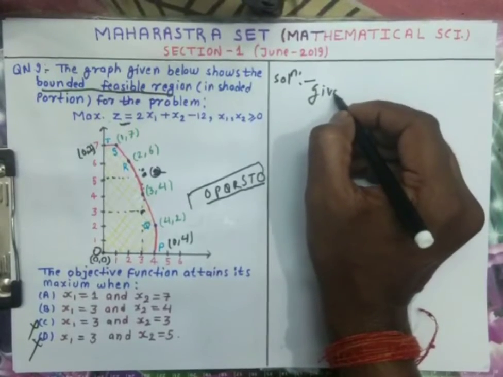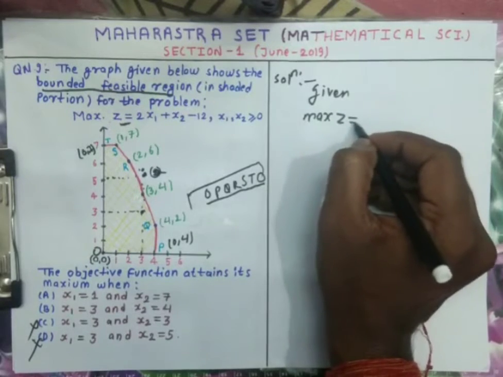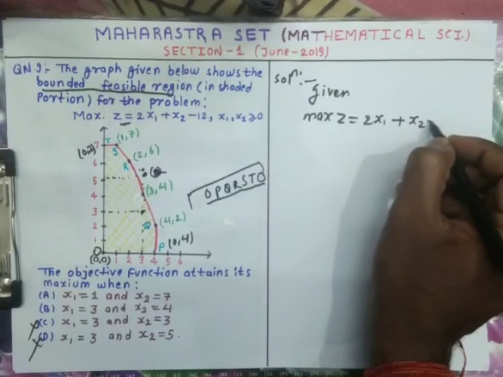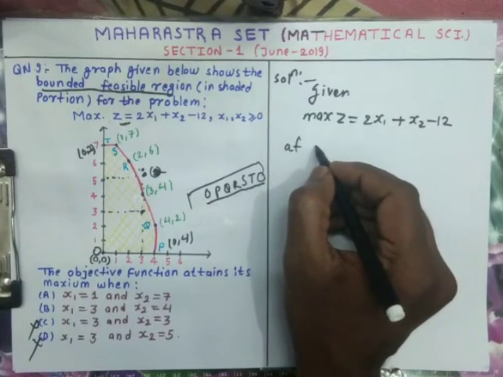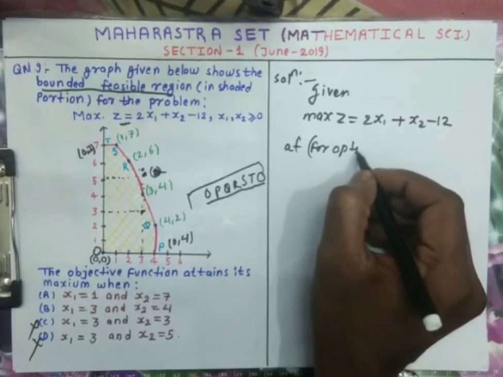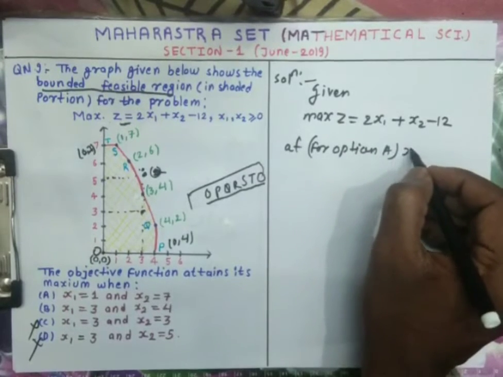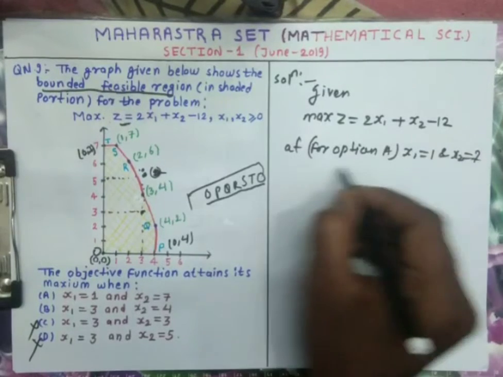Given max z equals 2x1 plus x2 minus 12. For option A, x1 equals 1 and x2 equals 7.